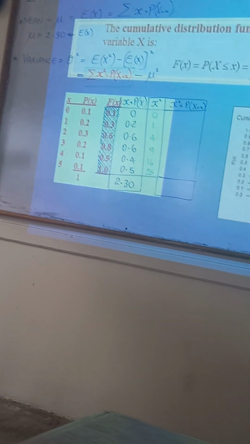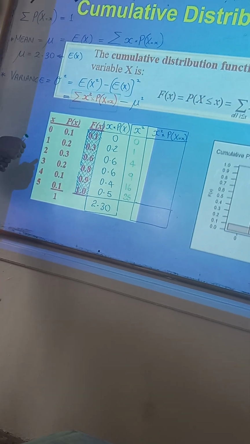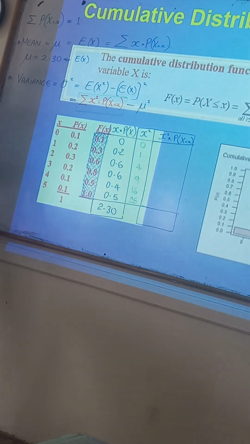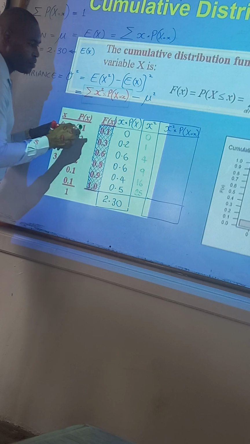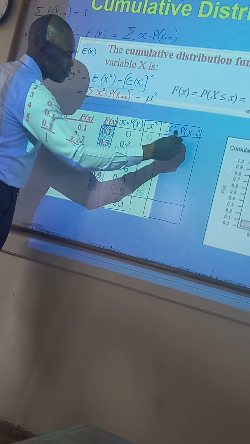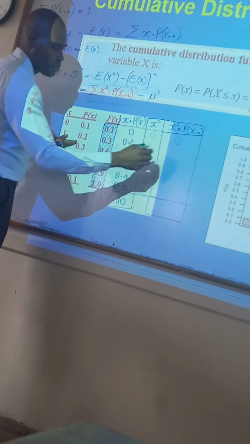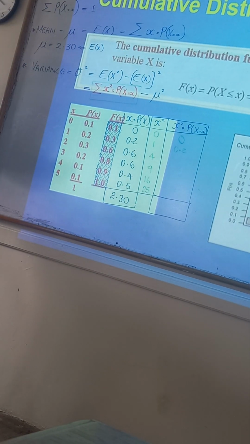So each squared x value, I'm going to multiply by its probability. So these are my probabilities over here, right? So that means 0 times 0.1 should give me 0, 1 times 0.2. You guys with me?